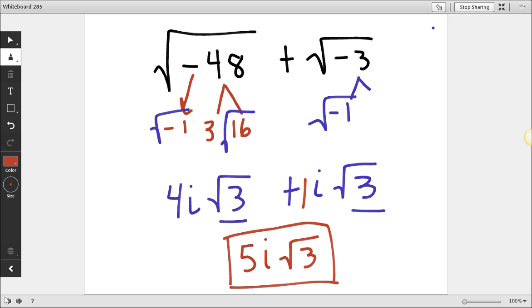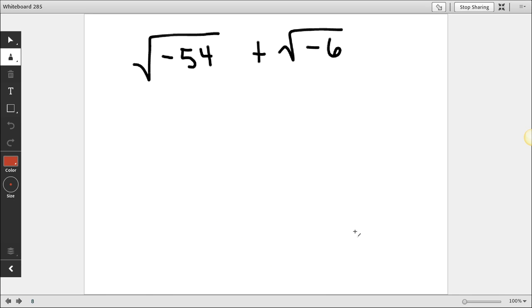And then our next example, let's say. This one's kind of like the last one. So what do I have for factors of 54? 9 times 6. 9 is a perfect square, so I can take the square root of that. I can take the square root of -1.